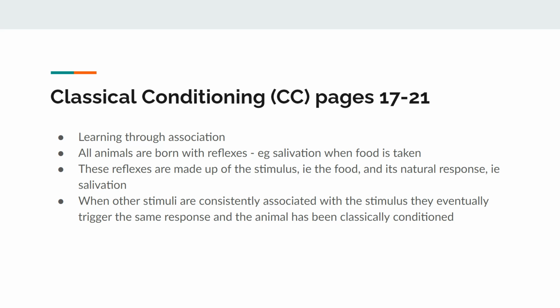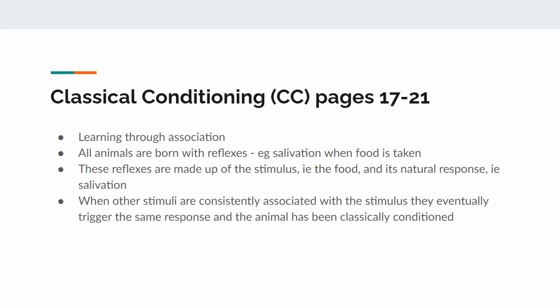Classical conditioning focuses on the idea that when other stimuli are consistently associated with the stimulus, they eventually trigger the same response, and the animal or the human can be said to be classically conditioned. If you pair some fairly neutral, arbitrary stimulus with the food, then the animal or the human can learn and become conditioned.